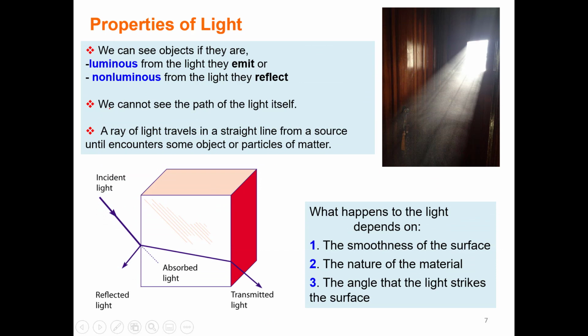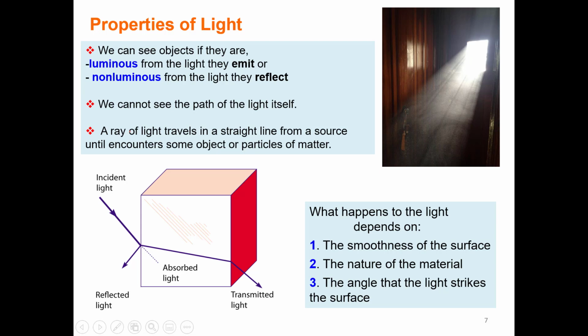Another characteristic of light is that we cannot see the path of the light itself. But what happens if there is dust? If there is dust, then we can see the ray of light, and we can see that it moves in a straight line.